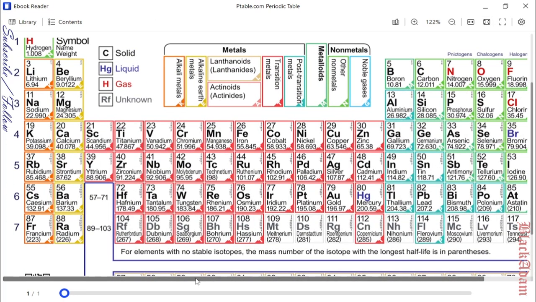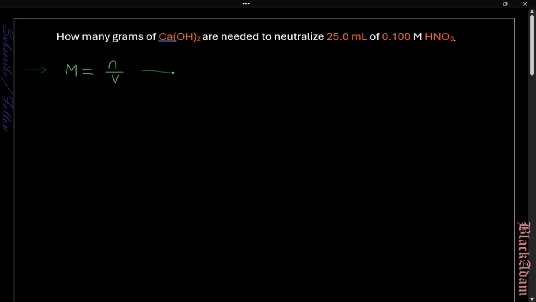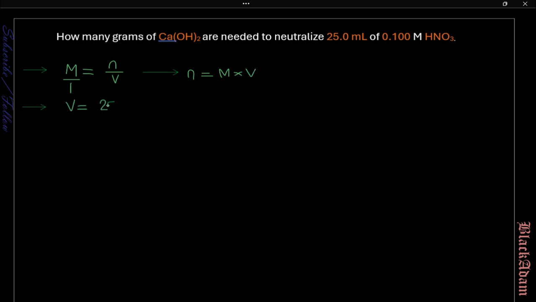Let's get into the periodic table. We cross multiply that, so we have number of moles is equals to molarity times volume. The other thing that we have is volume, which is 25.0 milliliter multiplied by 1 liter over 1000 ml.